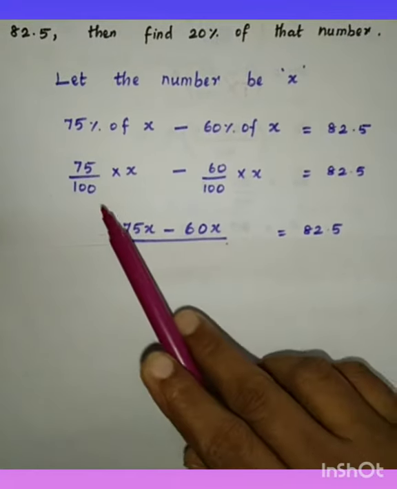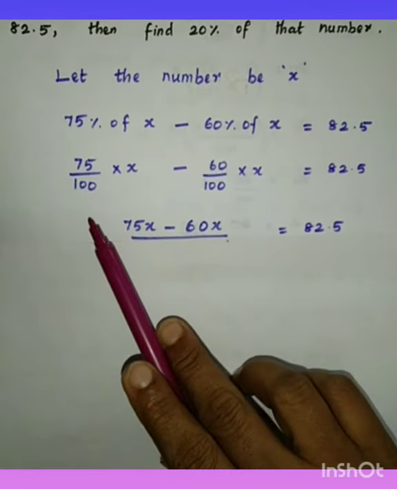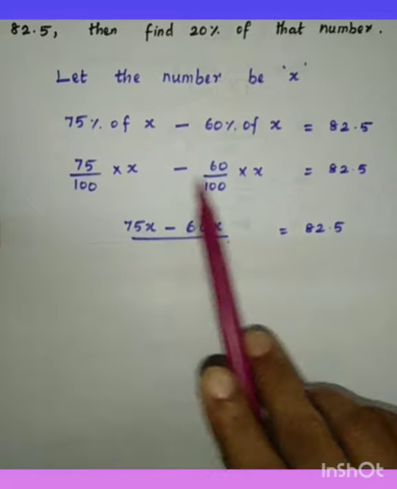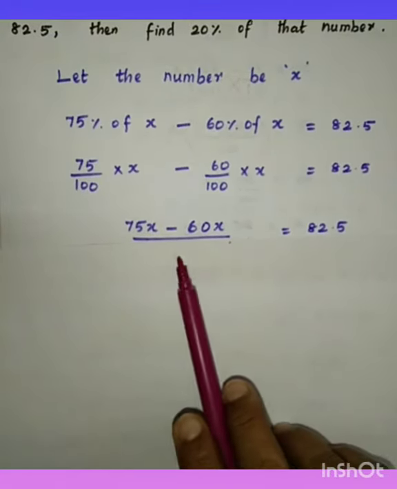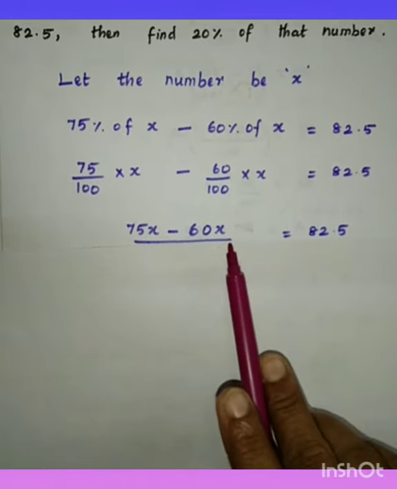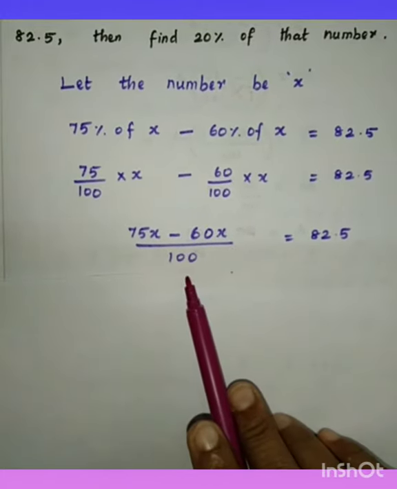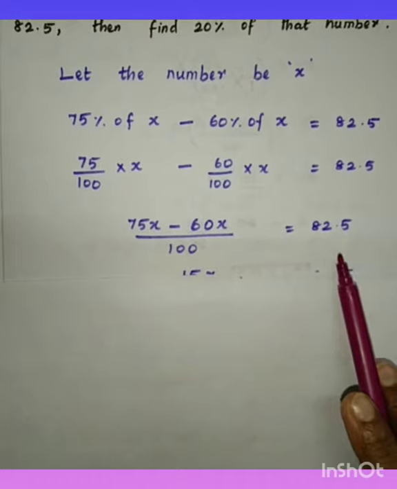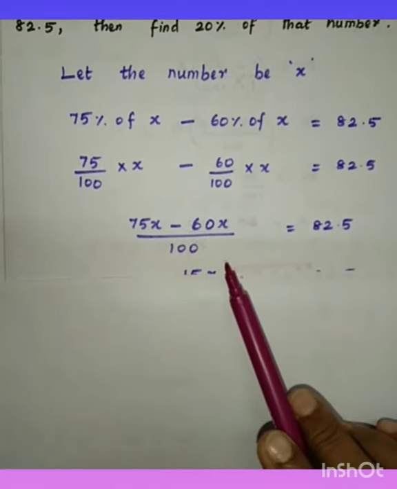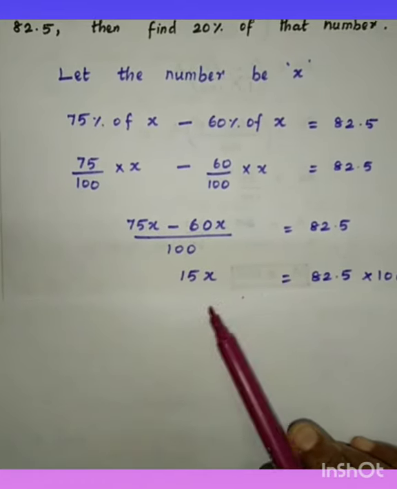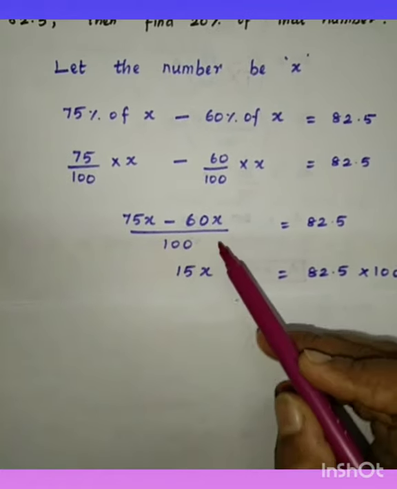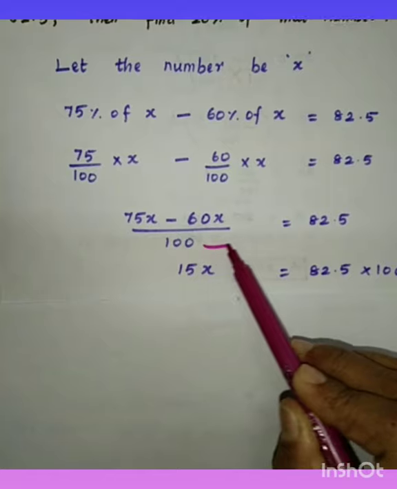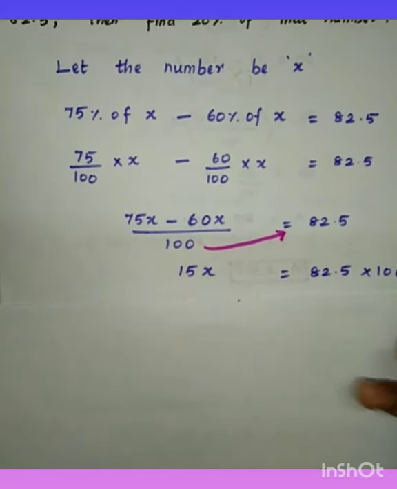Now the denominators are the same, so we can combine the numerators. 75 into x is 75x minus 60 into x is 60x, and the common denominator is 100, equal to 82.5. 75 minus 60 is 15x by 100 equal to 82.5. Now the denominator 100 is a division, so we can bring it over as multiplication.